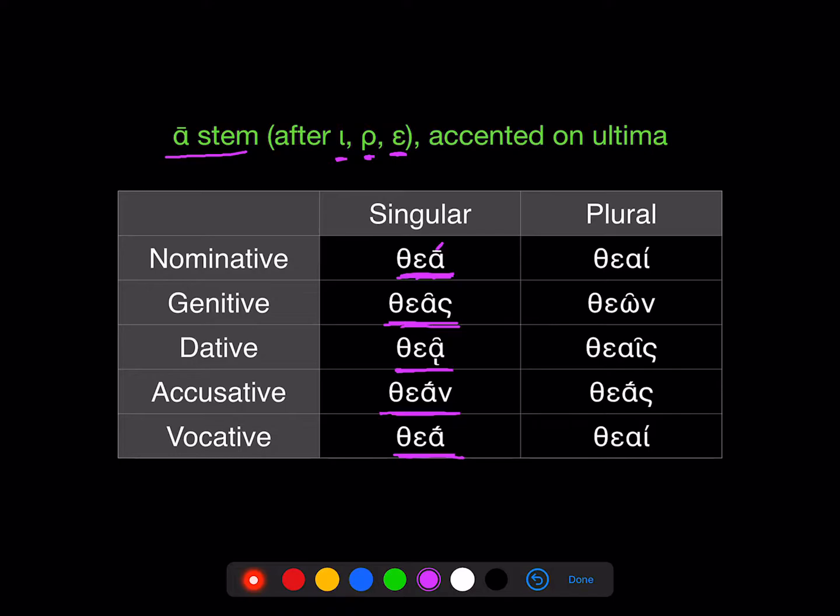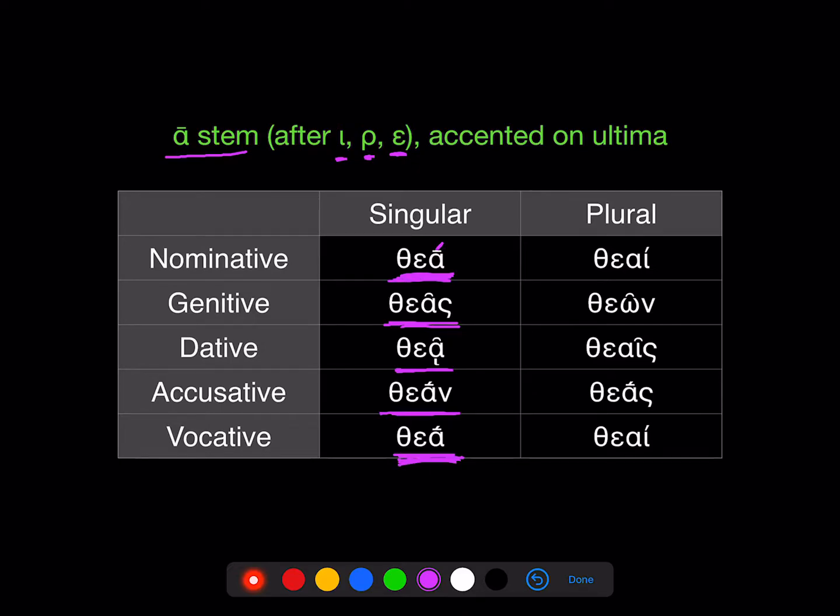Now, the vocative is a case we didn't talk about before, but the vocative case is for direct address. So if you say, "Oh goddess, hear my prayer," you're going to use the vocative case. "Oh goddess," the case of direct address. And very often, the vocative looks just exactly like the nominative.